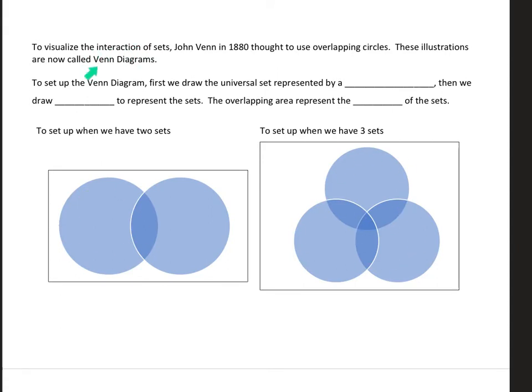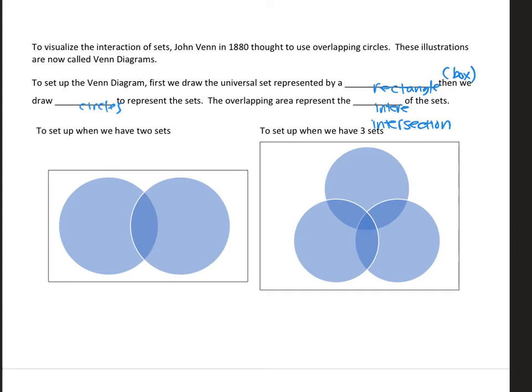To set up the Venn diagram, first we draw the universal set, represented by a rectangle or box. Then we draw circles to represent sets, and the overlapping area represents the intersection of the sets.